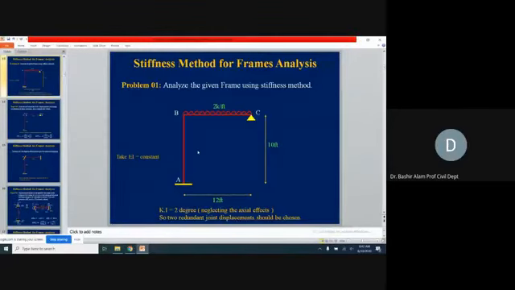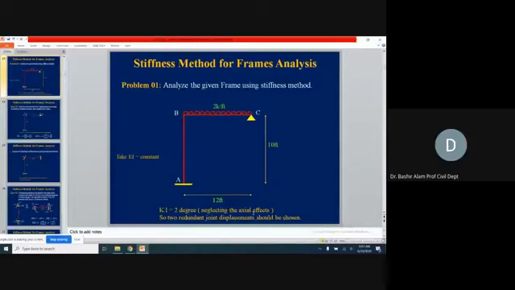And what are those 2 degrees? It is the rotation at joint B and the rotation at joint C. So the kinematic indeterminacy is 2 degrees when we neglect the axial effects. If we take the axial effects, then it is 4 degrees.